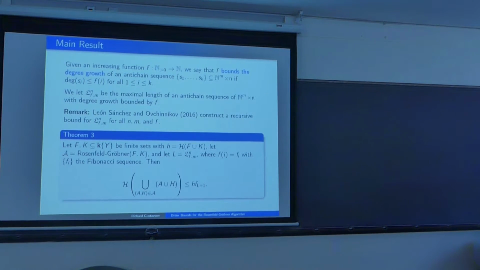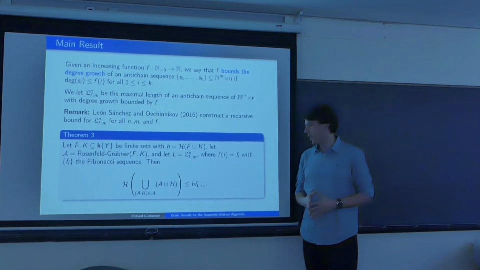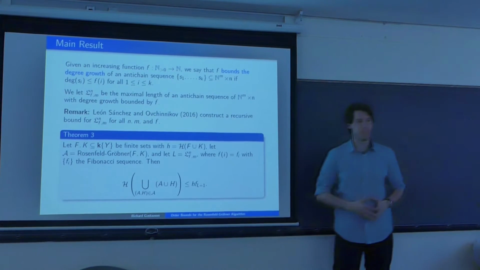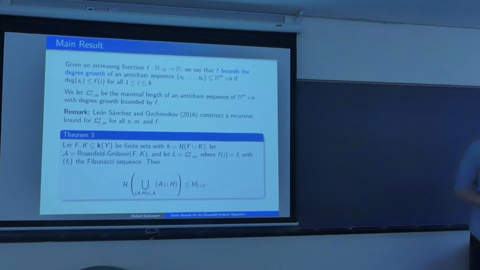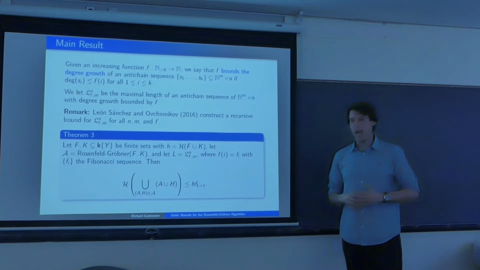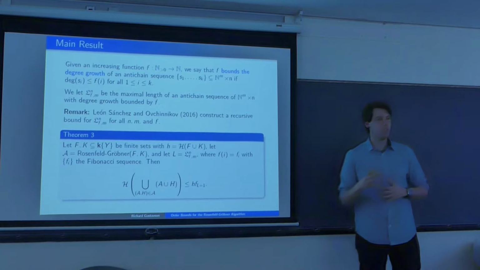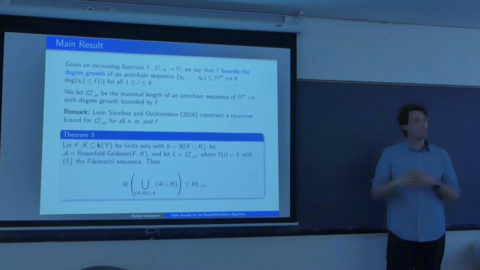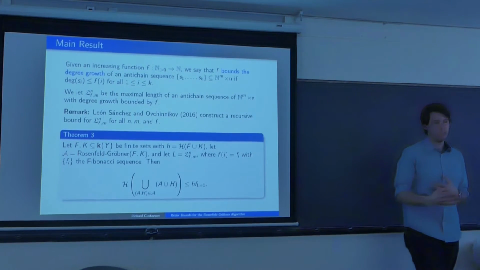Woo, Fibonacci numbers. So let me just give, I think I have time to sort of explain where this comes from a little bit. When you work through the Rosenfeld-Gröbner algorithm, you take a lot of delta polynomials, and usually the order doubles when you take delta polynomials.